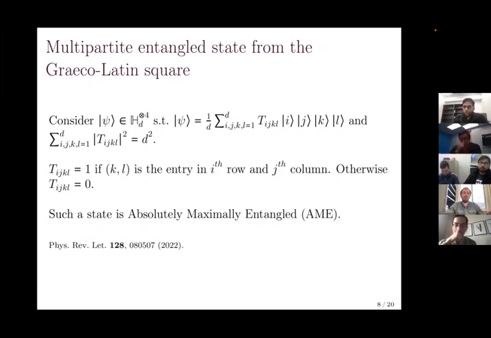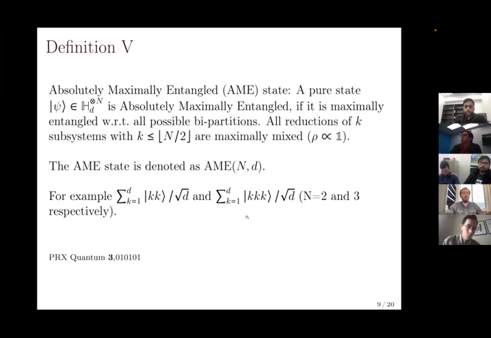So the point is this state is absolutely maximally entangled. And I described how for 2 systems or 3 systems, you can get the absolutely maximally entangled states. That brings us to the question of how the absolutely maximally entangled states would look when n equals 4.